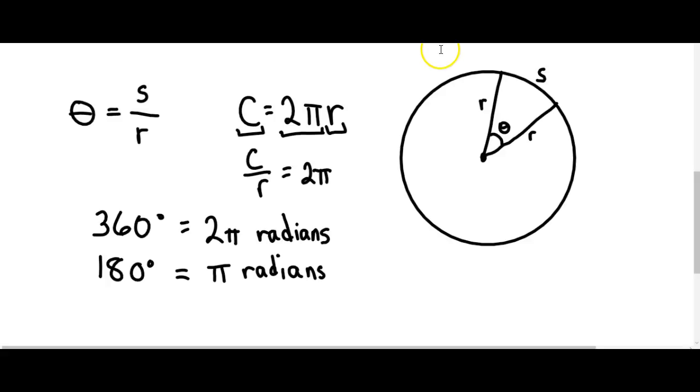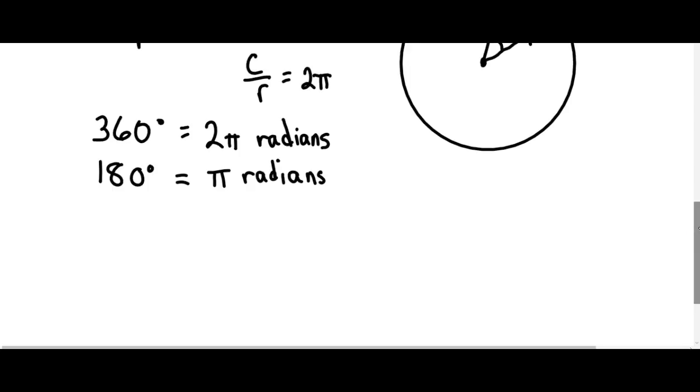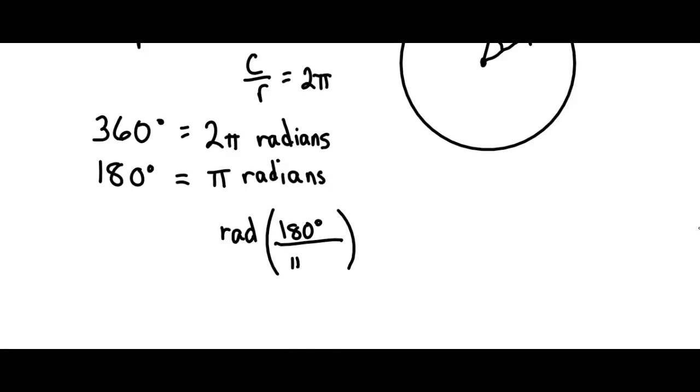When we want to convert from radians to degrees, we're going to take our radians value and multiply it by 180 degrees over pi radians, so that this gets us from radians into degrees. If we want to go from degrees into radians, we're going to take that number times pi radians divided by 180 degrees. So let's look at a couple examples that'll show that.